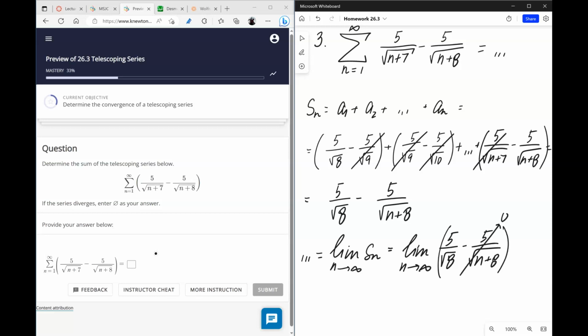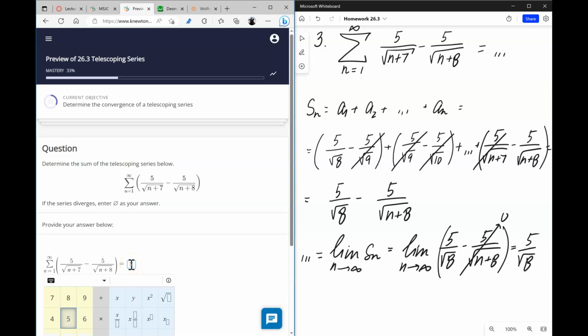Again, this goes to 0, but it doesn't have to. So we could have had a problem in which that term doesn't go to 0, and if it doesn't, then the series may not converge. So just remember, telescoping doesn't always mean it's converging.